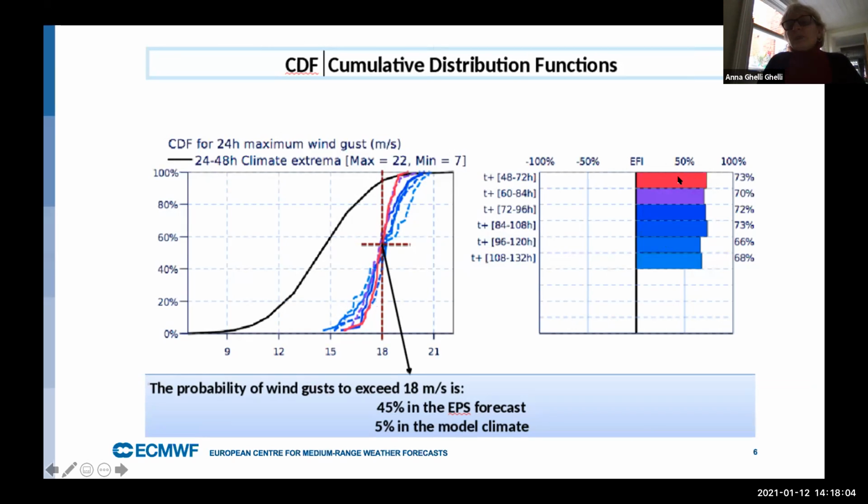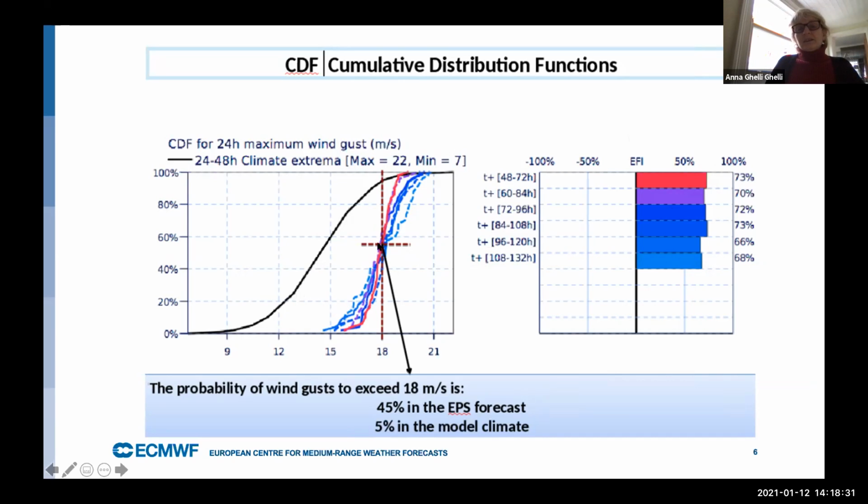The top one will probably be orange, and then it goes into a different color. The colors here indicate the time ranges. This is the longest time range, and this is the shortest. Red is not more serious, but simply the closest forecast. And this is your CDF for the specific variable.